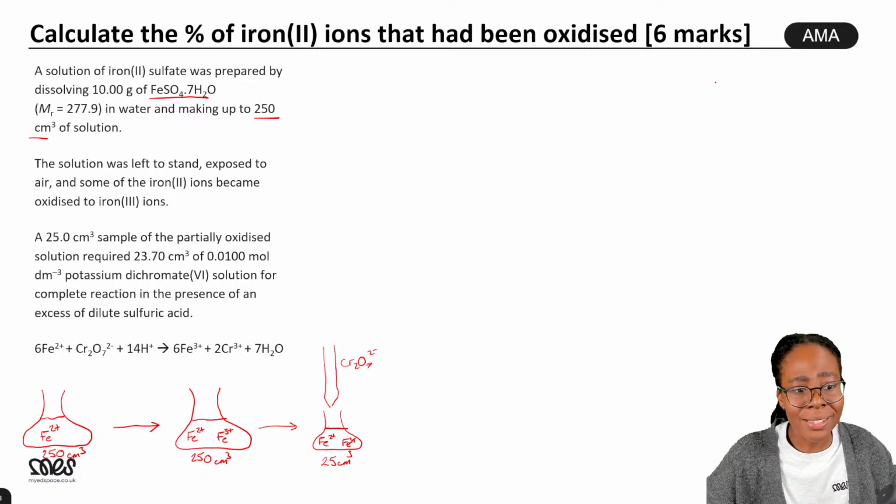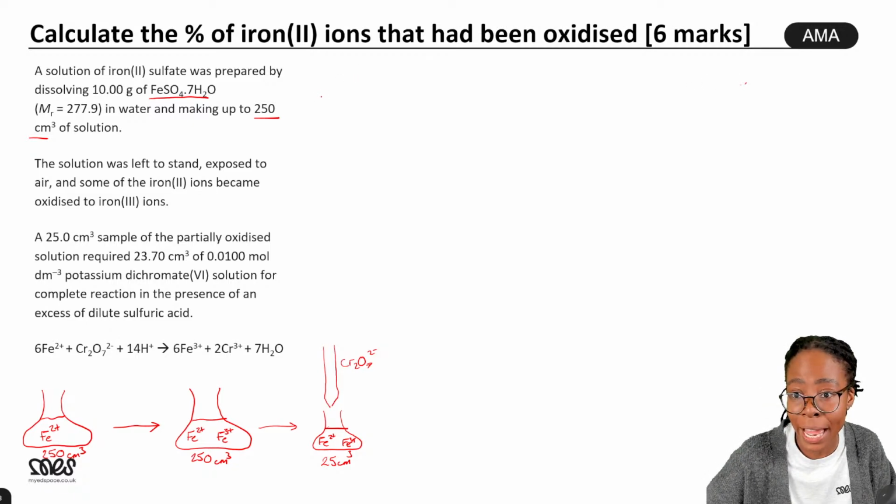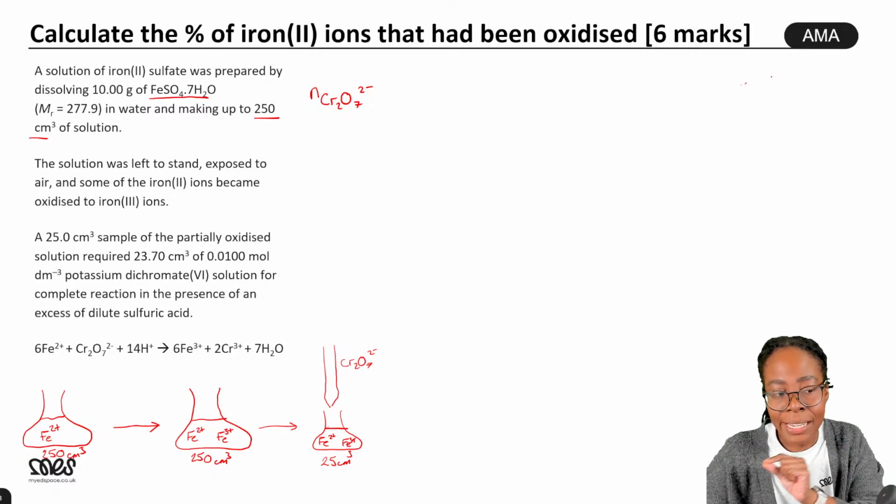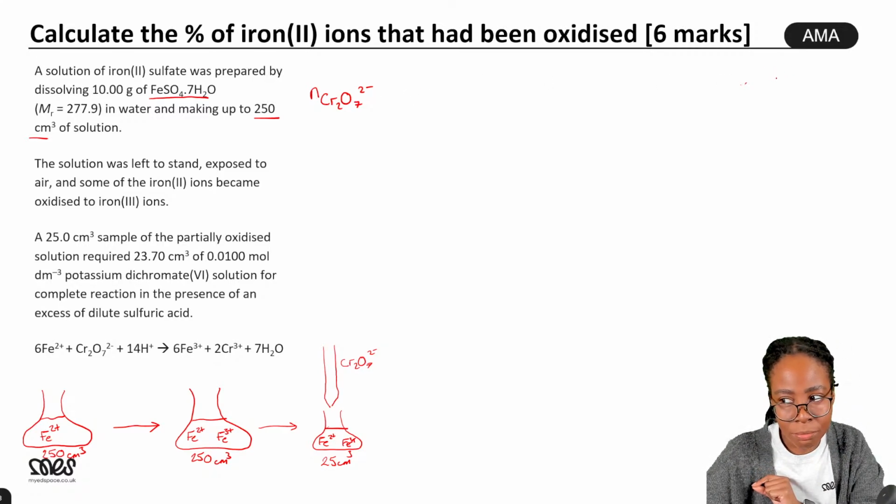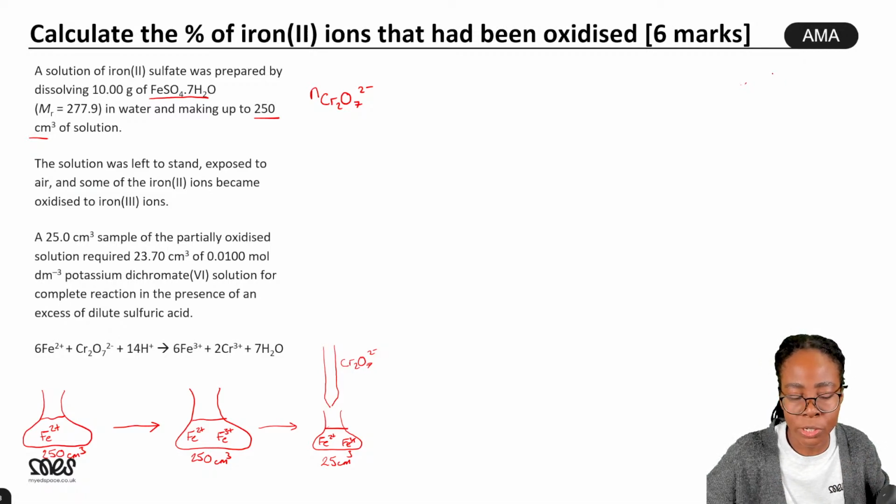Ultimately, the percentage of iron 2 ions that have been oxidized, yes, we can absolutely start by finding the moles of the dichromate, because that's what we've got enough information for. But at the end, again, it's helpful to work backwards to figure out how we're going to approach this.